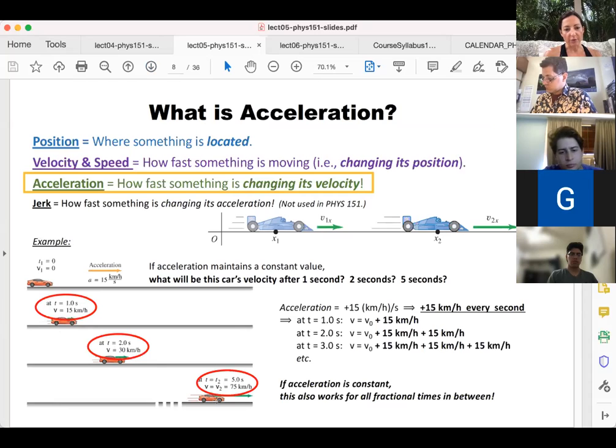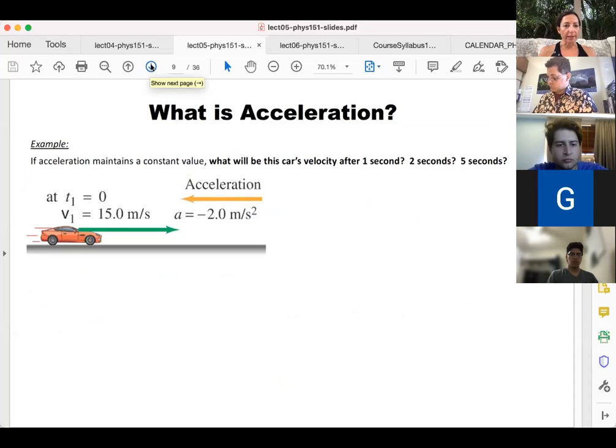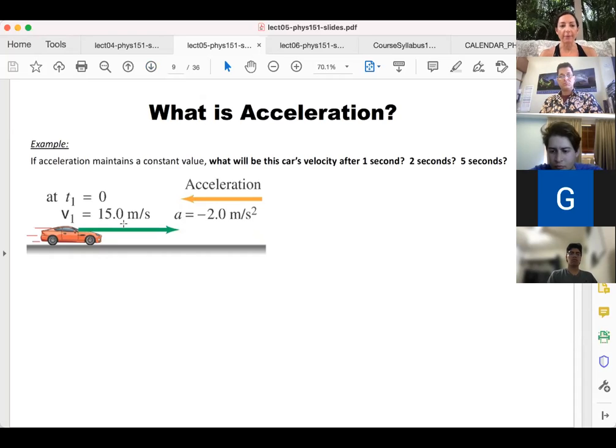And then after a few seconds, it goes to a different acceleration. As we said before, the acceleration can be in the same direction as the velocity, which means that you are really accelerating, or it could be in the opposite direction of your velocity, which means that you are essentially decelerating.